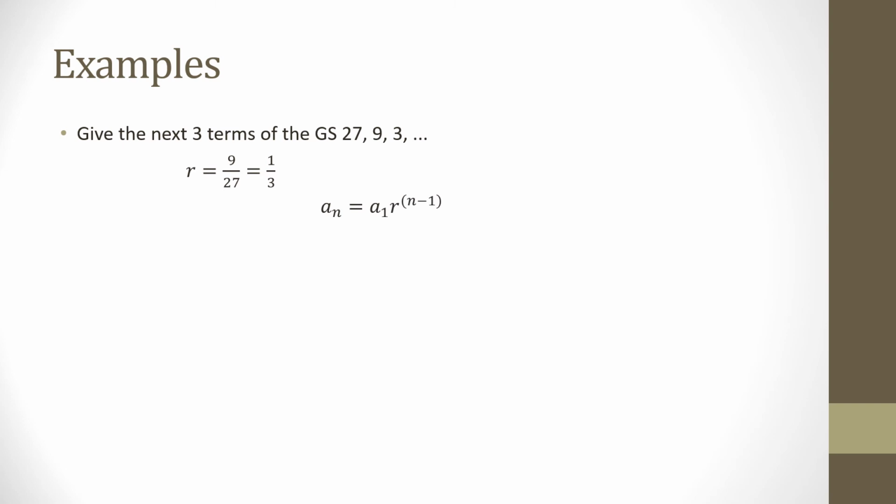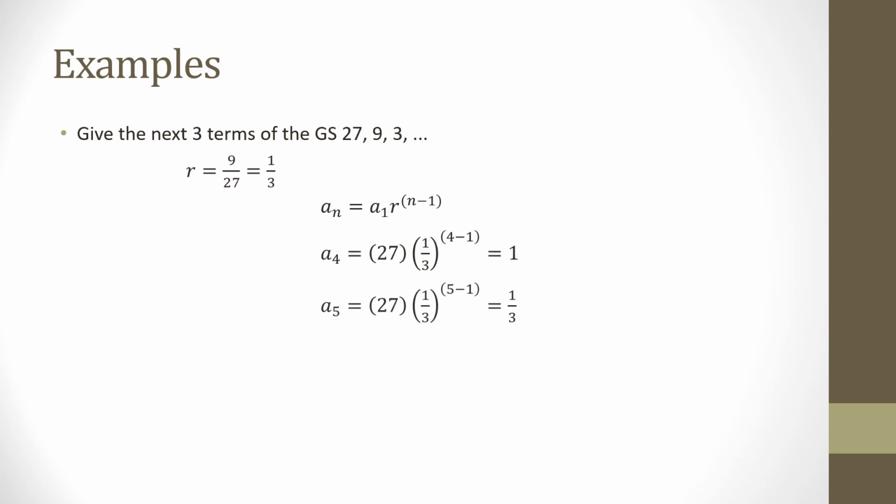So, a sub n is equal to a sub 1 r raised to n minus 1. a sub n is a sub 4, a sub 1 is 27, r is 1/3, and n is 4. Pagta mo lang lahat yan. 27 times 1/3 raised to 4 minus 1. Simplify ko na agad: 1.